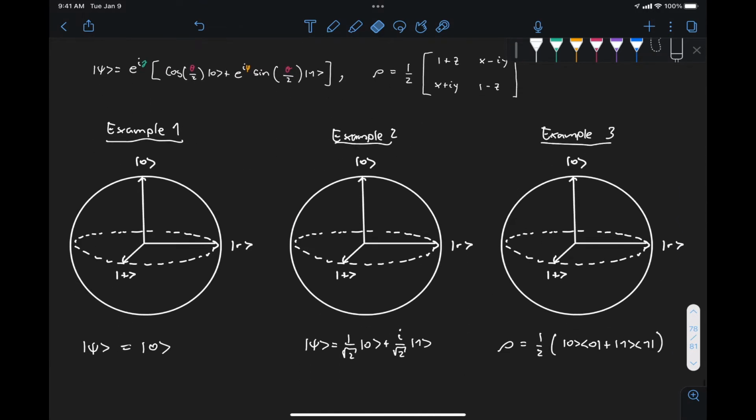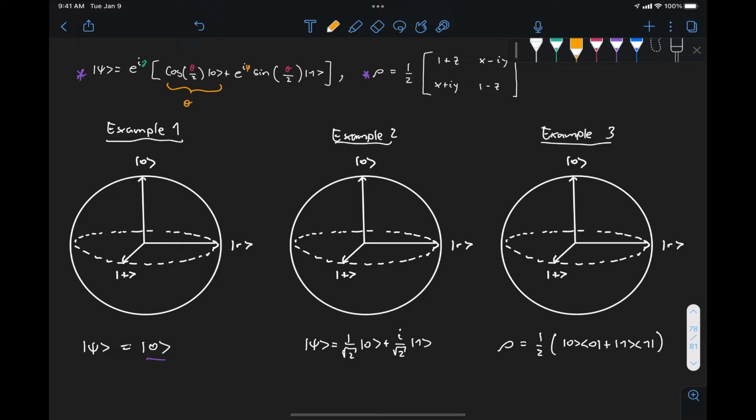So here I've written down the expression for a state vector for a pure state as a function of the angles theta and phi. And here we have the density matrix as a function of the coordinates x, y, and z. So let's start with a very simple example. Let's start with just the state 0. So we know that if we look at the expression for the state vector, in order for us to get state 0, this cosine of theta over 2 must be equal to 1.